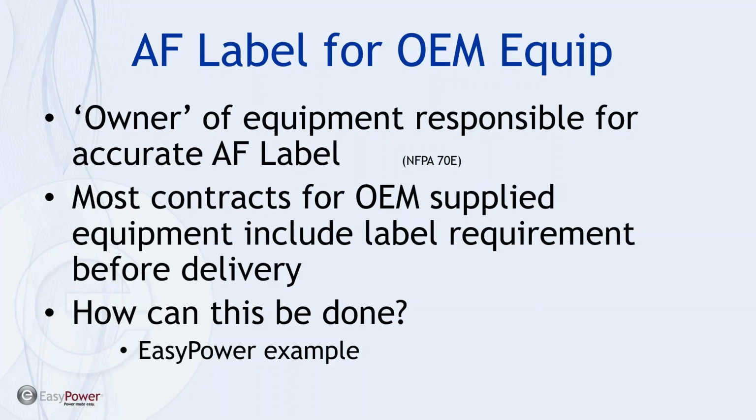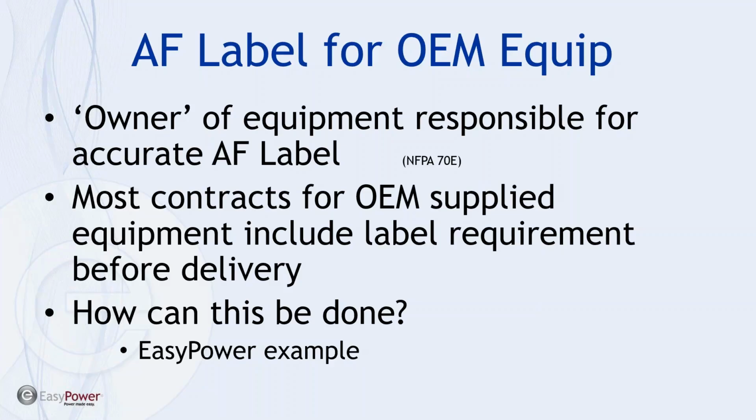As a result, many contracts, either by large organizations for test equipment or campuses for even medical equipment, may have a clause that says, before I take title, this equipment needs to have an accurate arc flash label on it. So my question is, how can this be done?